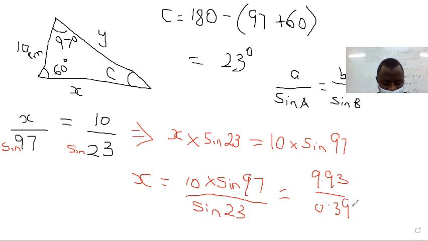So 9.93 divided by 0.39 will be what? 25.46. So you can see now that this side is 25.46. I hope you understand this now.